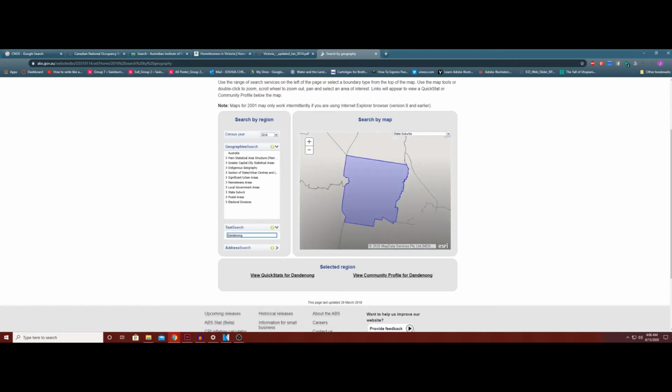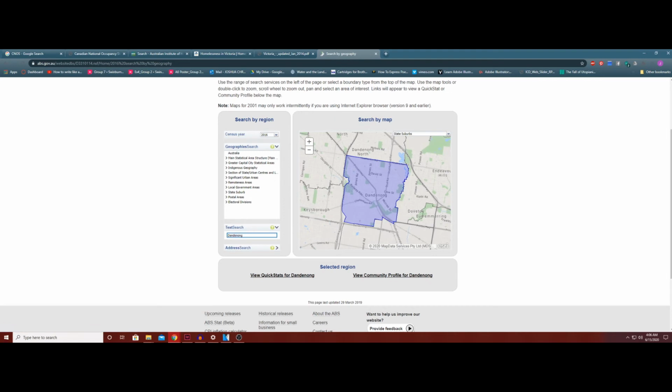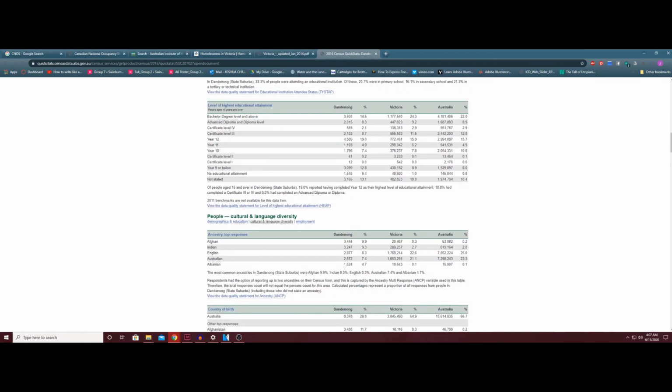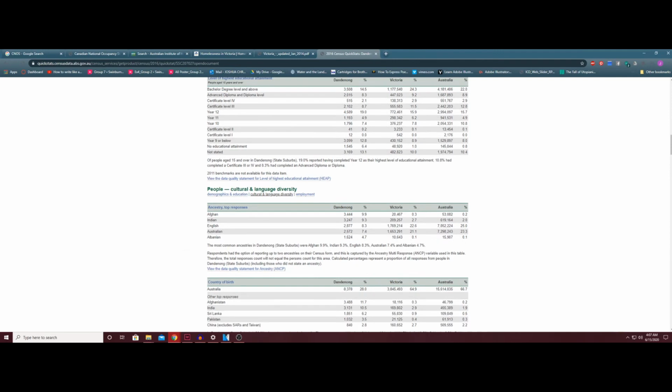The reason why we chose Dandenong is going to be covered in another video, but this suburb shows the highest number of overcrowding in Victoria, specifically around Melbourne and the Greater Melbourne area. Now you want to go to this and view quick stats, and this is the one that I want to show you.